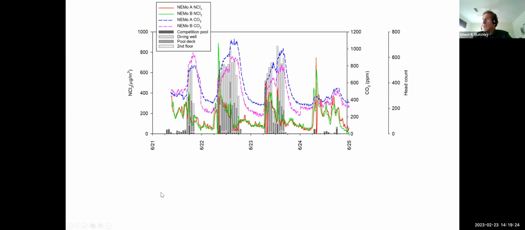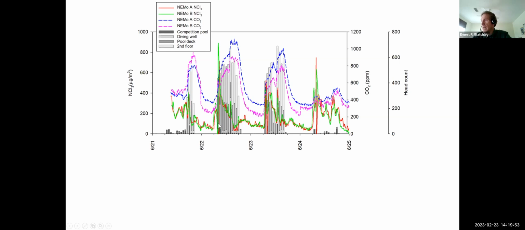All right, so this is a complicated slide. I'm going to spend a couple minutes on it to walk you through this because I'm going to show a couple slides that look like this. The horizontal axis is time that represents days and then hours through the day. The left vertical axis represents gas phase trichloramine concentration, and that corresponds with the green and red traces that I'm following with the cursor right now.